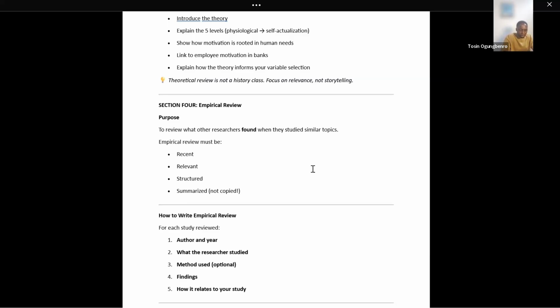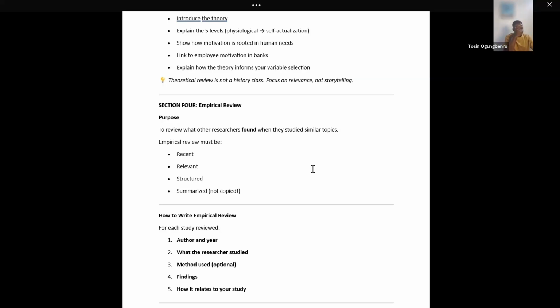Conceptual review deals with concepts, not findings. Empirical review deals with findings. More like you are summarizing the findings of people that have written on a subject similar to what you are writing. That's empirical review.